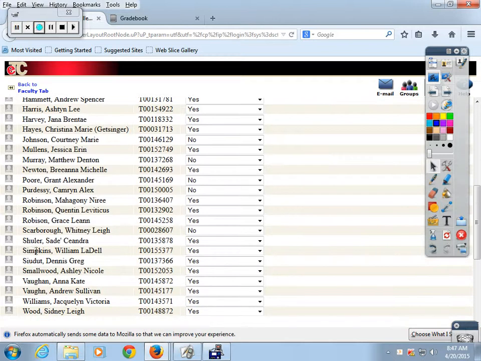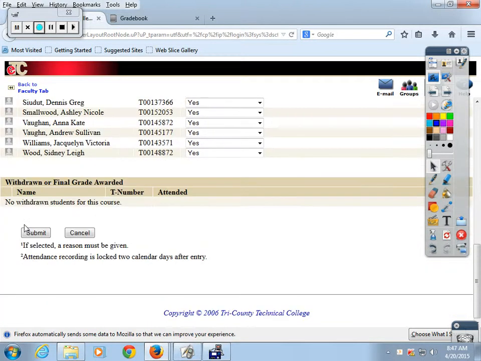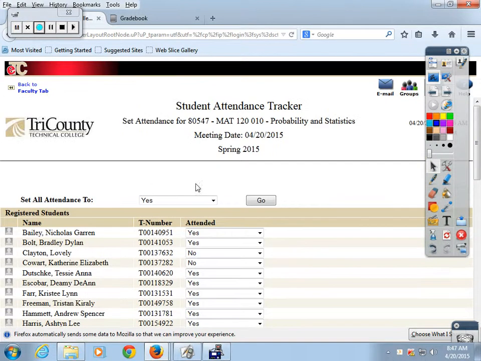Schuler, Simpkins. He might come late. I'm going to keep him a yes. Dennis is here. Smallwood. Both my Bones are here. Williams and Wood. I better leave that up there. Oh, Mr. Simpkins may not come in. I don't know.